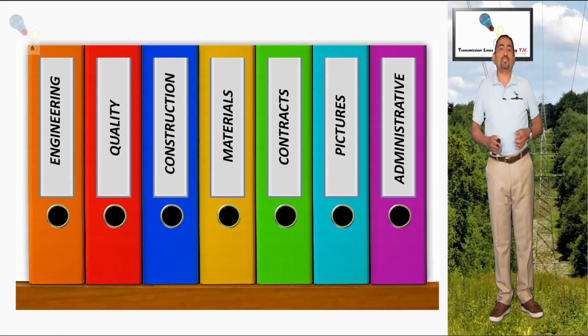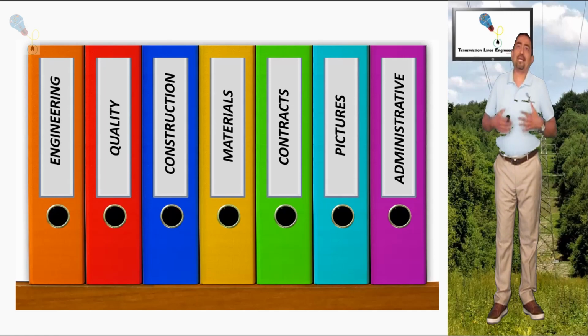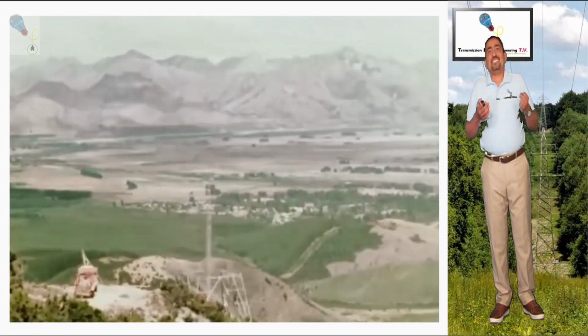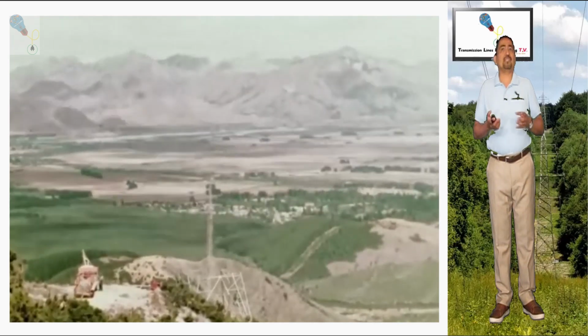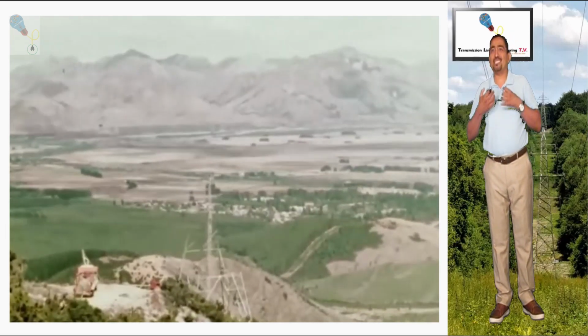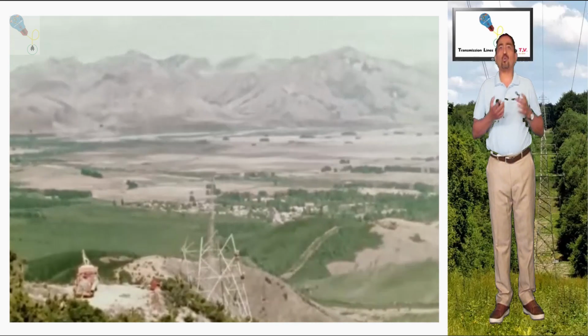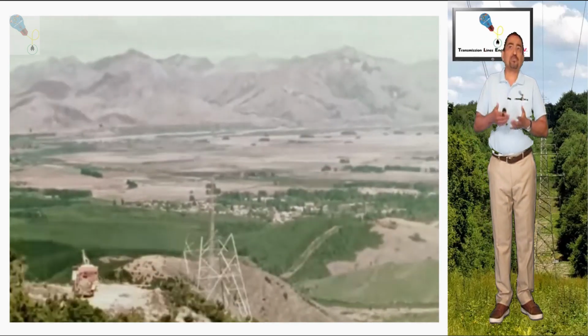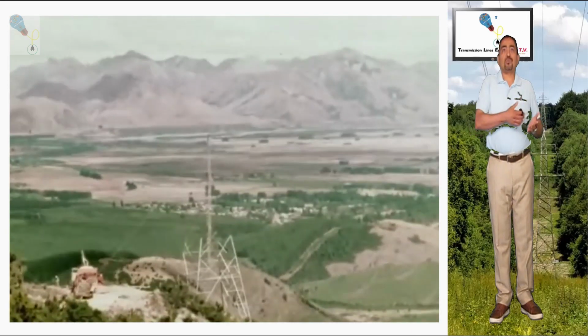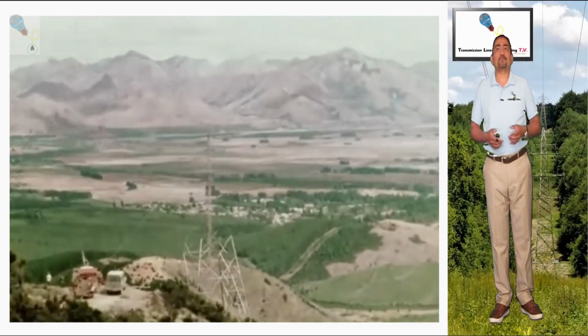So, as you can see, the design and construction process is quite complex and requires enormous efforts of coordination, repeated actions, decision making, and negotiations with other third parties during the process.